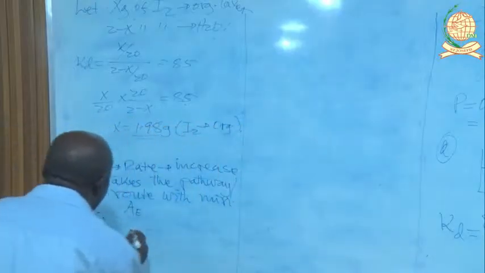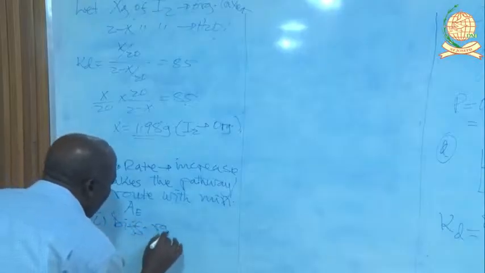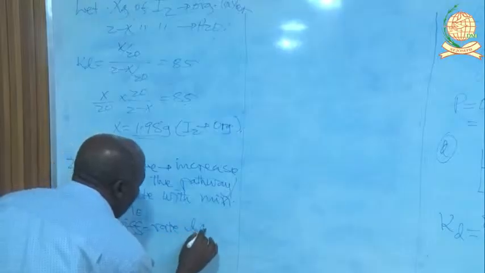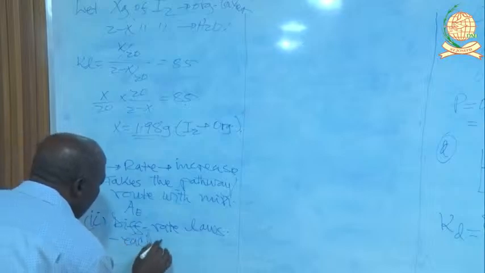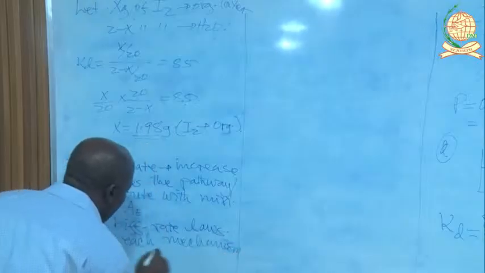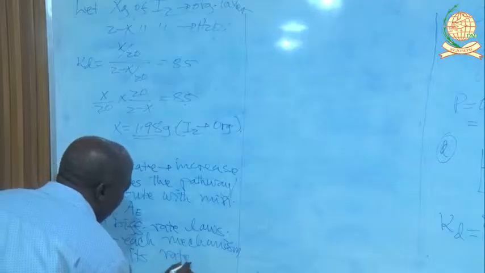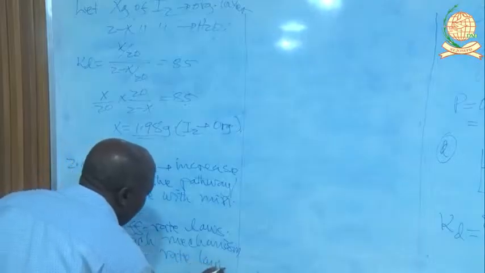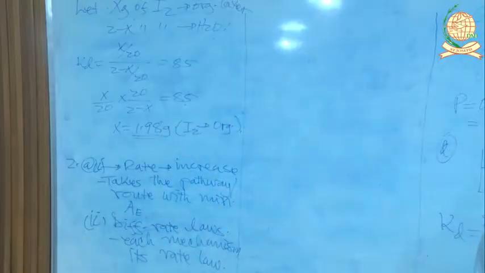So there will be different rate laws, because each mechanism has its own rate law. So whenever a catalyst is added, a new mechanism will be created. As a result, a new rate law will be experienced.